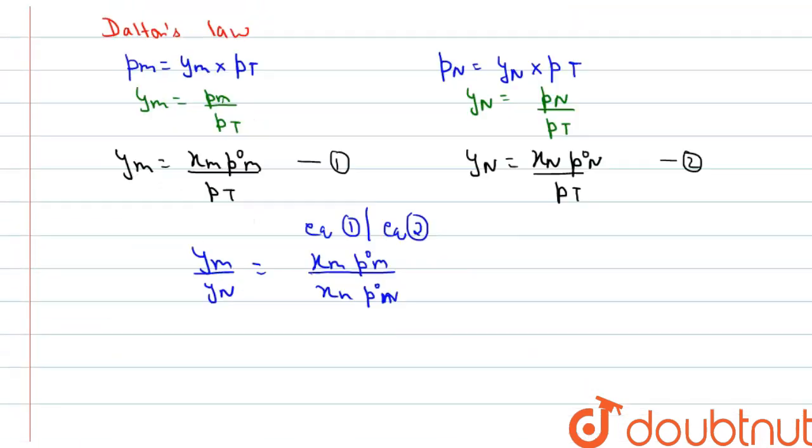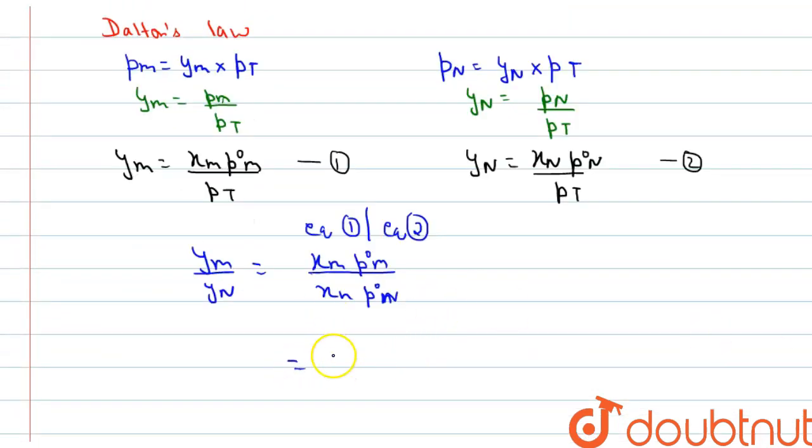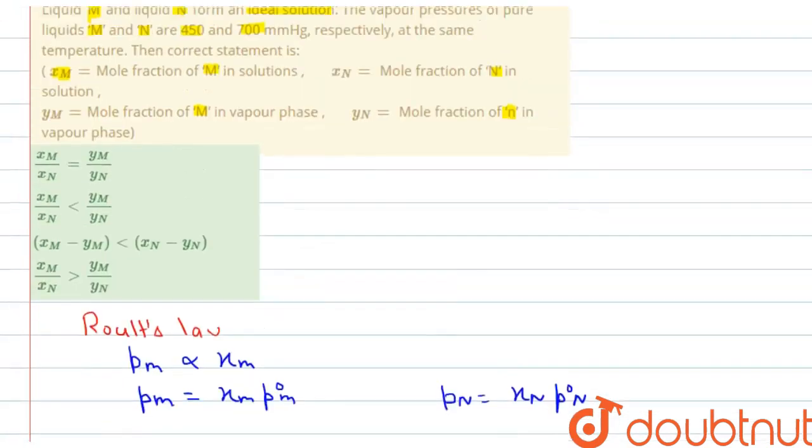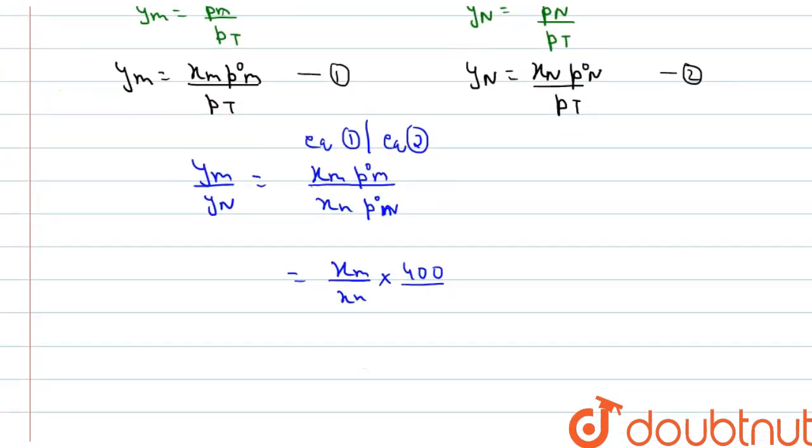So we will write xm divided by xn multiplied by 450 divided by 700.